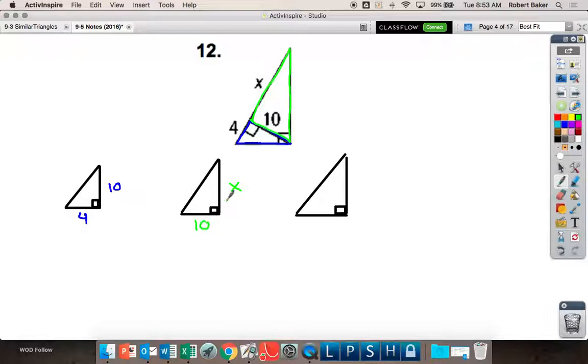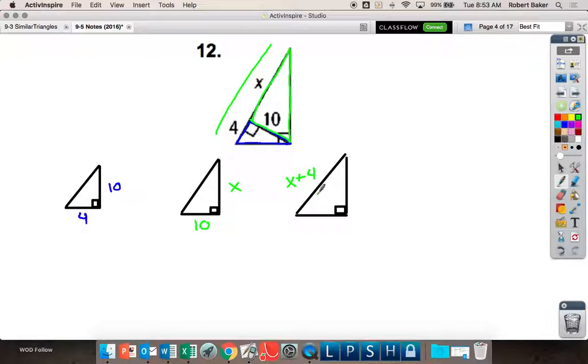Do I even need to describe the large triangle, or do I have a proportion I can set up to solve for x? I can describe the large triangle if I want to. All I have is the hypotenuse right here, which is x plus 4. Other than that, I have nothing else.